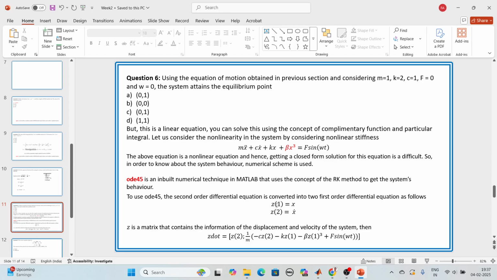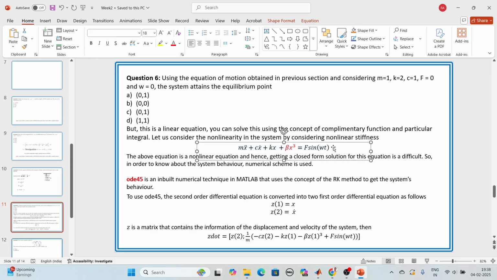My z dot of 1 can be written as z2, as you can see here. z2 is nothing but the velocity, and I'm integrating the velocity to get the displacement. And my z dot of 2, which is the differentiation of velocity, that is acceleration, I can find from the equation of motion.